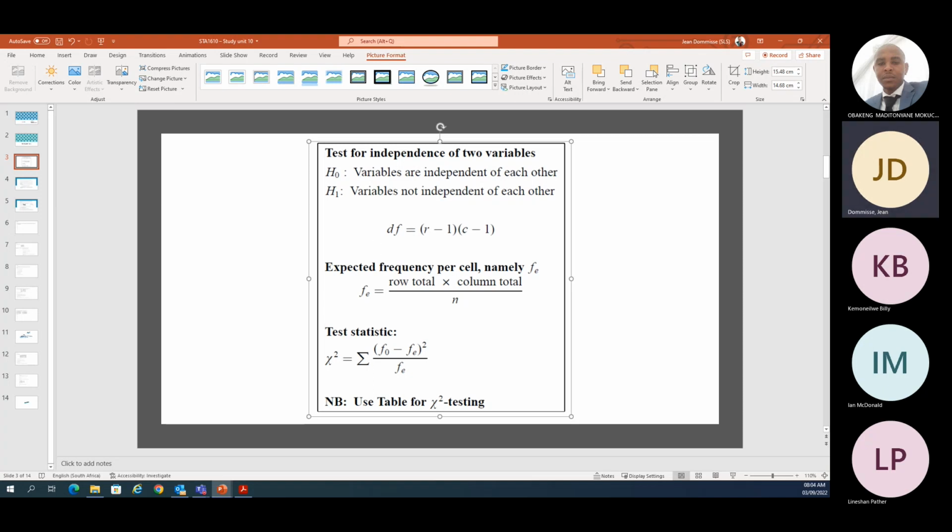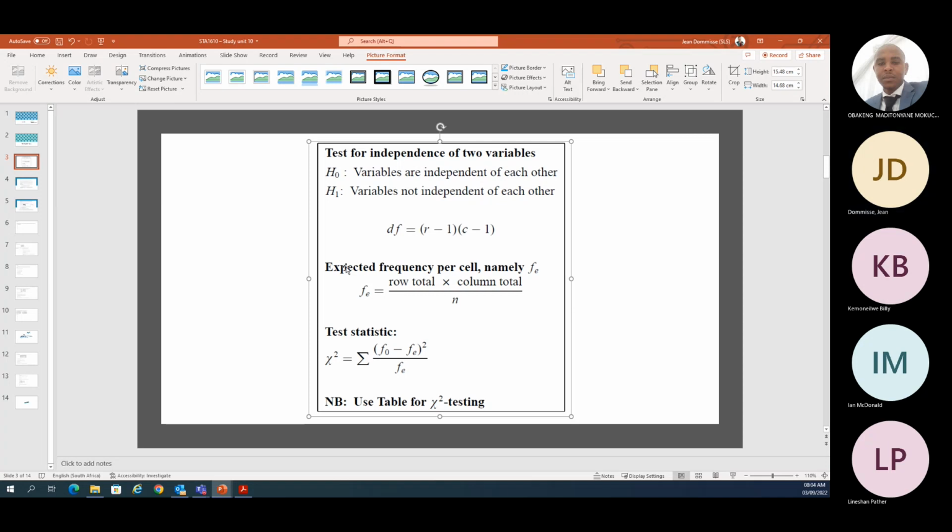The other thing that is important is to calculate the degrees of freedom, or they give it to you, or you need it to make a decision or to get your chi-square value from a table. So either or, but that is important.